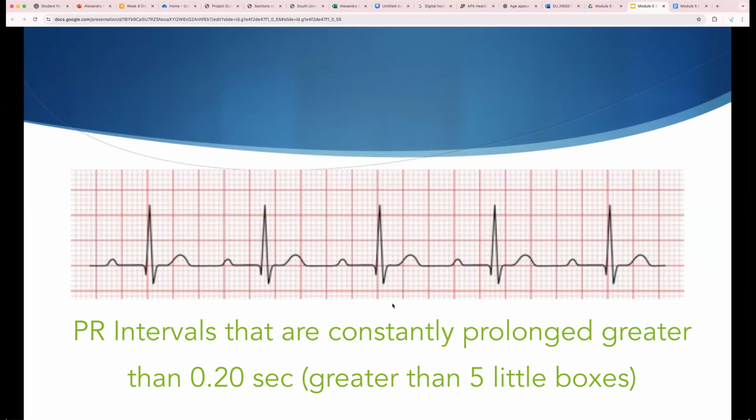Yes. If you understand that, you're good. This is a sinus rhythm, because there's a P wave in front of every QRS, and the QRSs are all the same distance apart. It's just an issue here. What is the abnormality that you've seen?